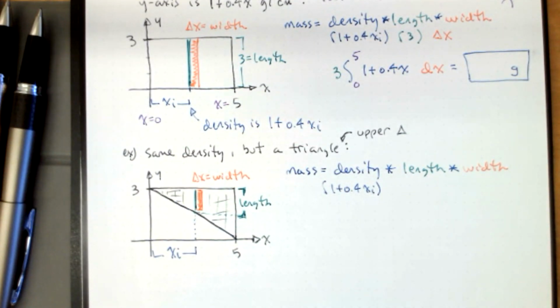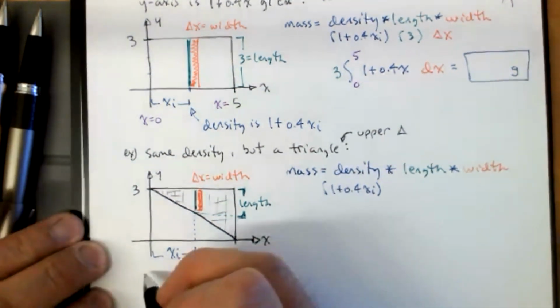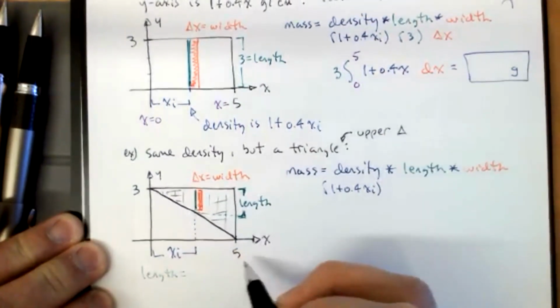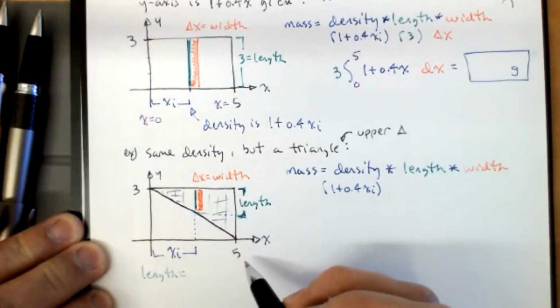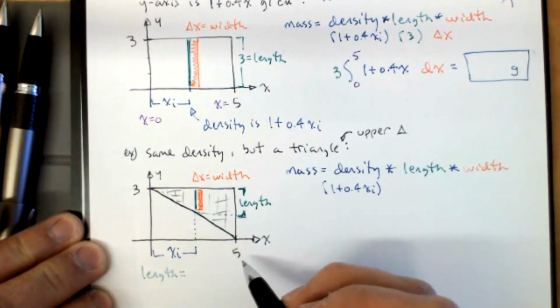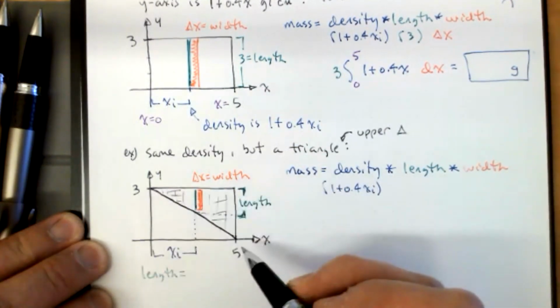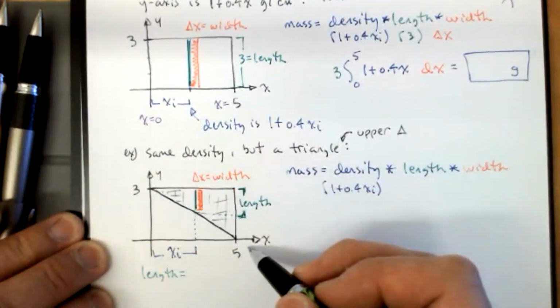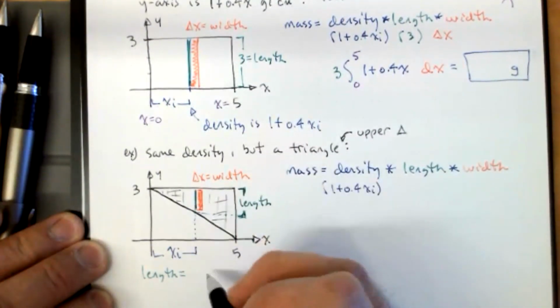So when x is equal to 0, the length is equal to 0. When x is equal to 5, the length has increased to 3. So we can just make a linear function where the length starts off at 0 when x is 0 and increases by 3 over 5 units.